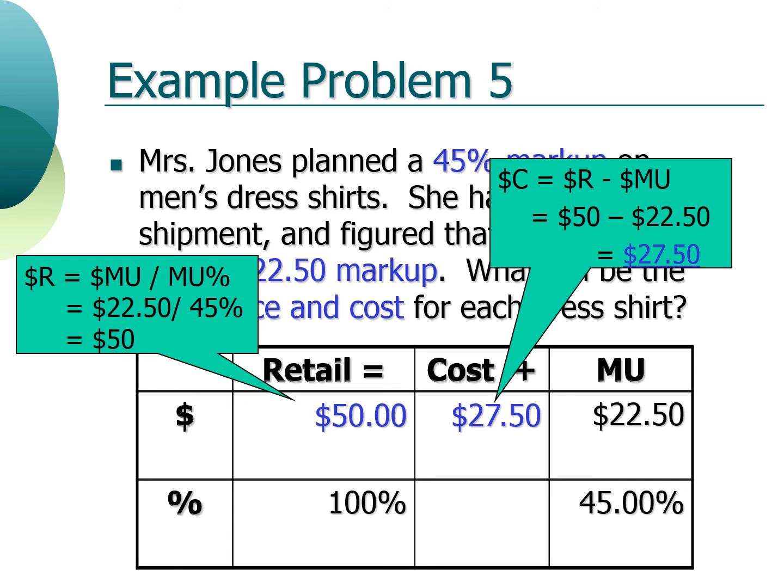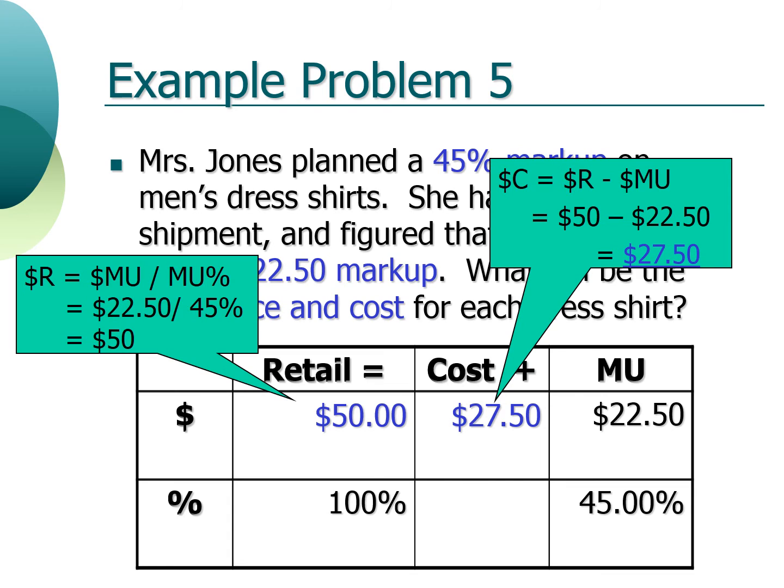If you solve this equation for retail, then retail will be markup dollar over markup percent. So that's where you get the retail of $50. Markup dollar divided by markup percent, so that's 22.5 divided by 45%. If you solve this, that will be $50.